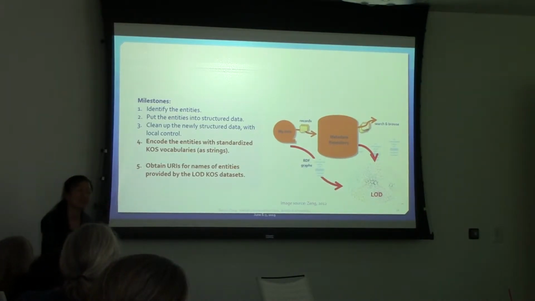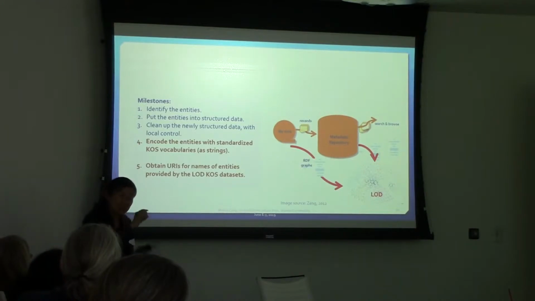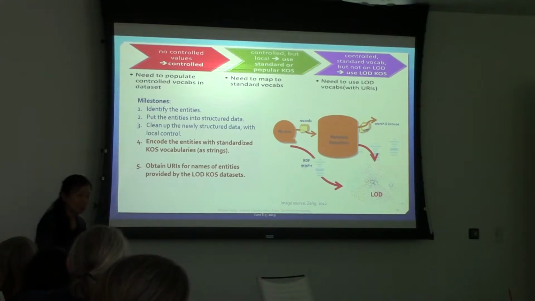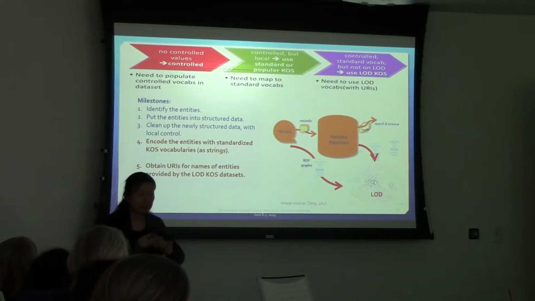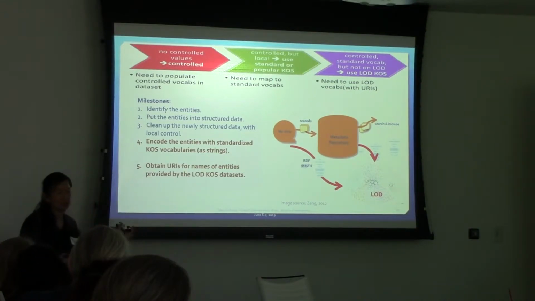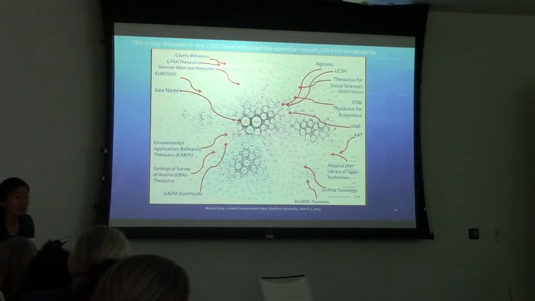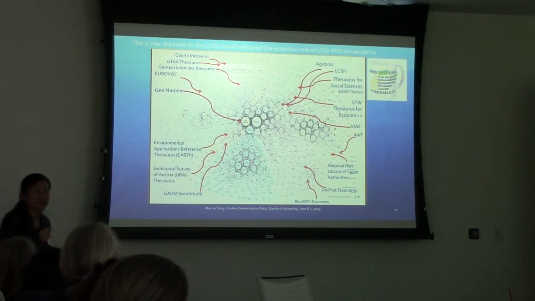Then we no longer call it rice. We put the rice URI there. That's it. So this process has become so popular that if you want your database to become available as open source or as linked data, you have to go through these steps.